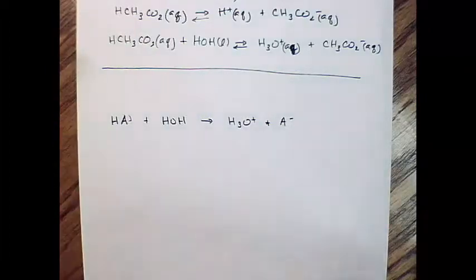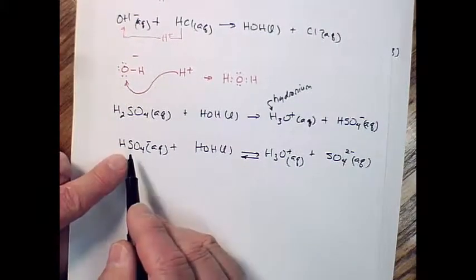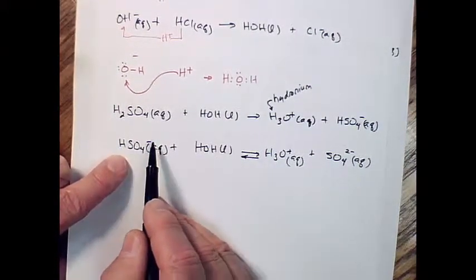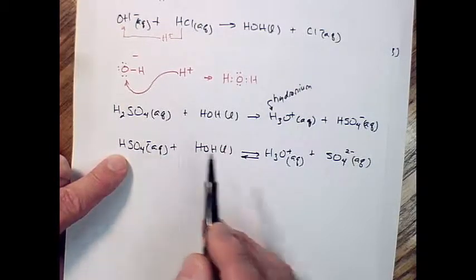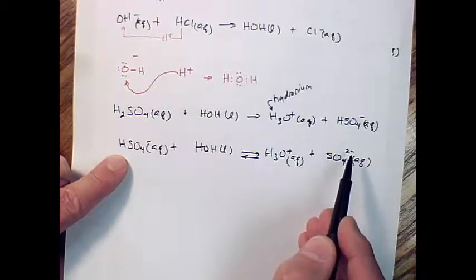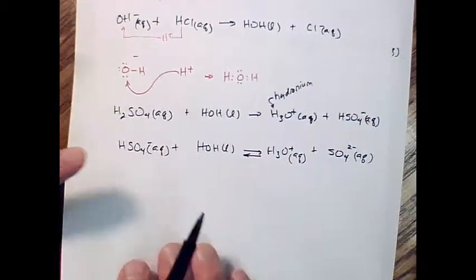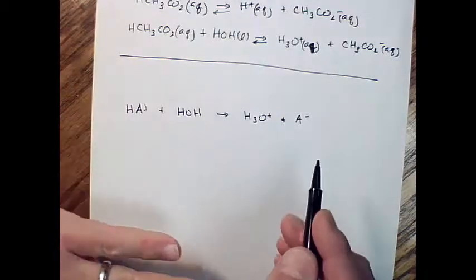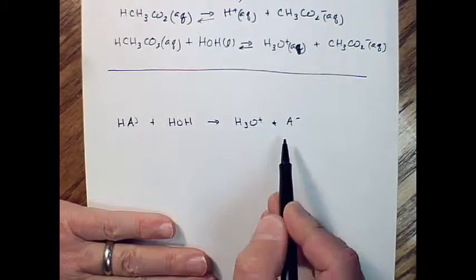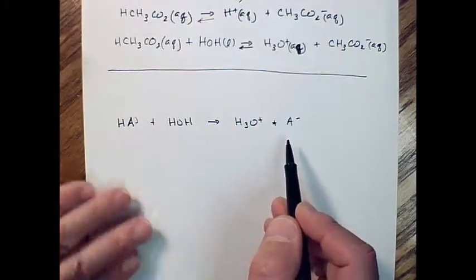And when I say it that way, I mean it because of things like this, where we started out with this formula, which had a negative charge, so the anion has 1 more negative charge than we started out with this acid here. Okay, so that's a general formula for the Bronsted-Lowry theory of acids and bases.